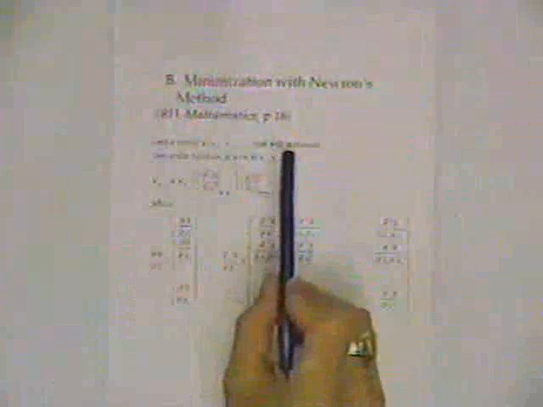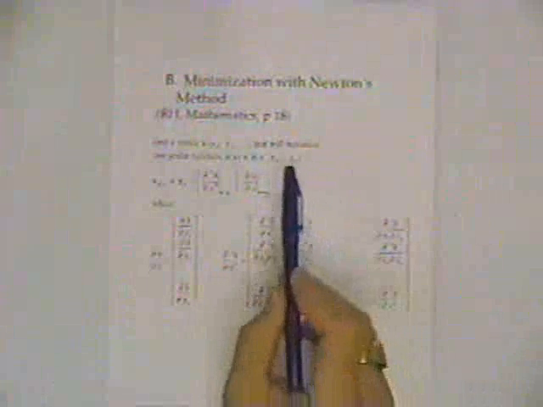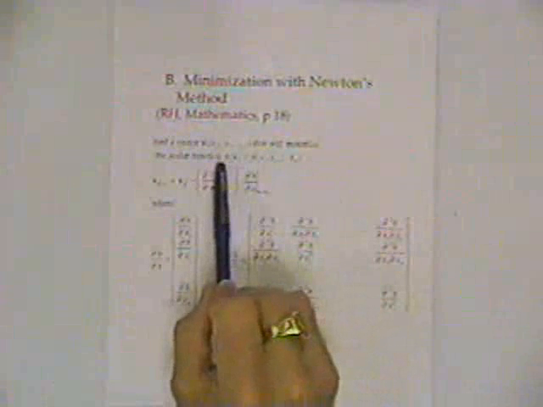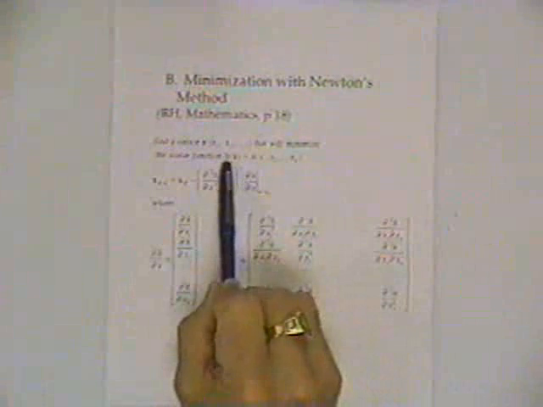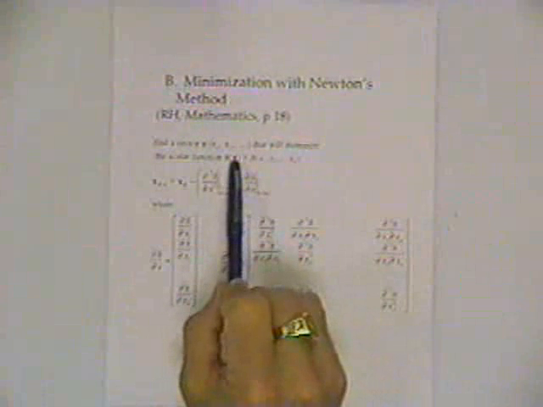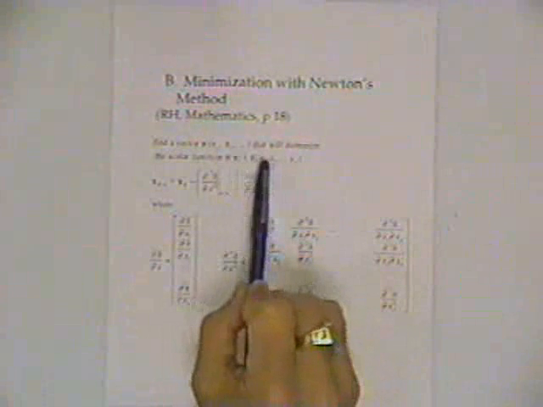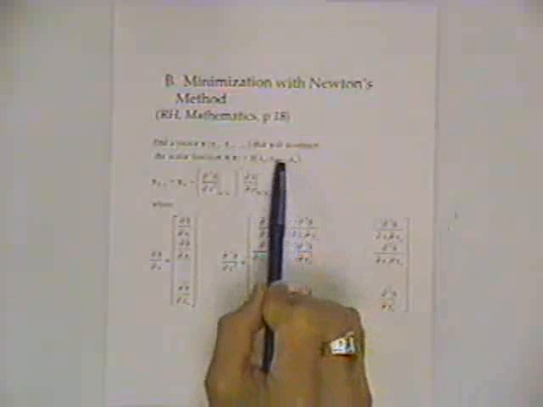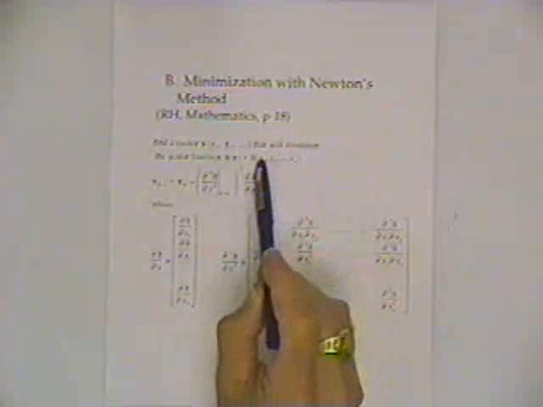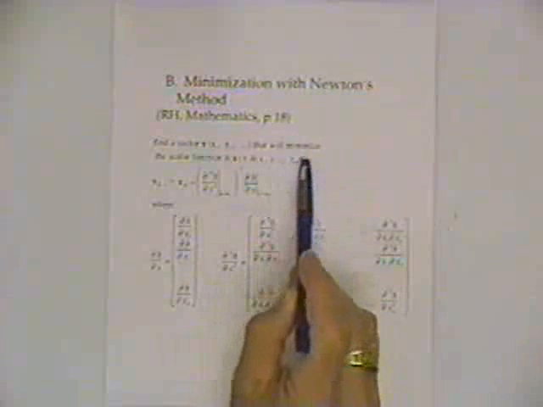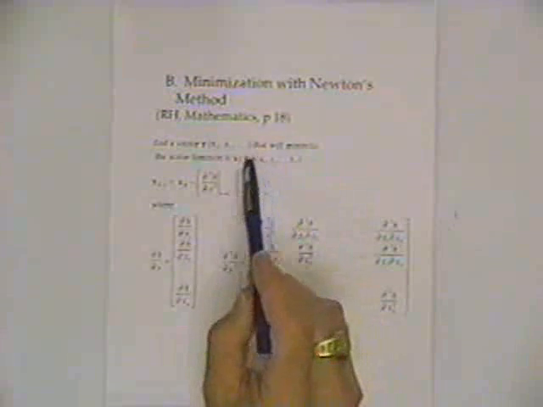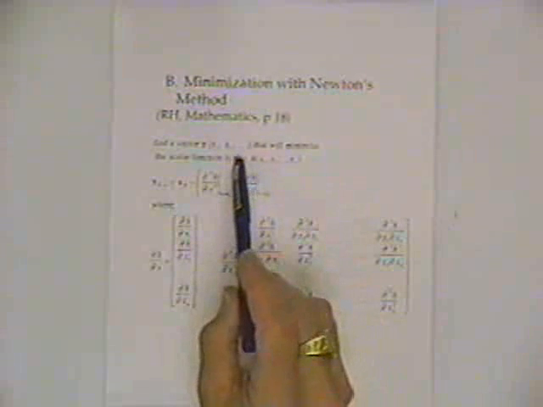What this numerical method is good for is to find the solution of a scalar function, in this case called h of x. In this case, x is a vector. In other words, it has values of x1, x2, x3. So what you have to do is find separate values of the variable x1, x2, x3, and so forth, up to xn in the general problem, that will minimize this function h.